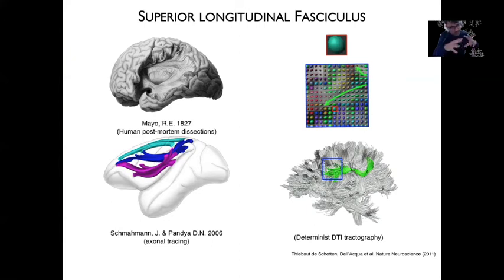You've seen in my other lecture how diffusion works. You'll see that they're very round, and they're very round because you have a lot of crossing going in different directions in these areas where you're looking at the connection of the frontoparietal cortex.